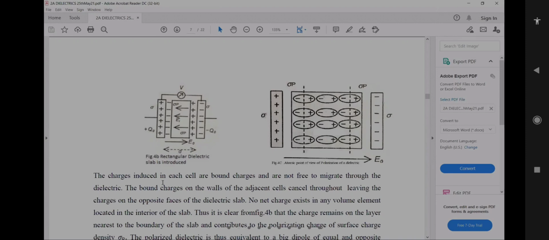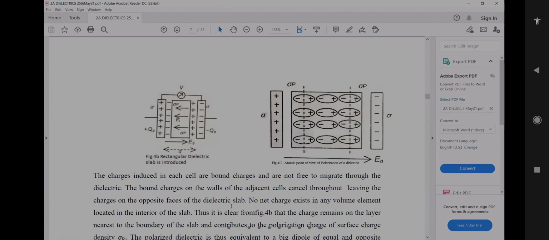Those are responsible for conductivity. But here in an insulator, due to the application of the electric field, the charges get separated by a fixed distance. These negative charges are bound charges, not free charges, and are not free to migrate through the dielectric. So the bound charges on the walls of adjacent cells cancel throughout, leaving the charges on the opposite faces of the dielectric slab.